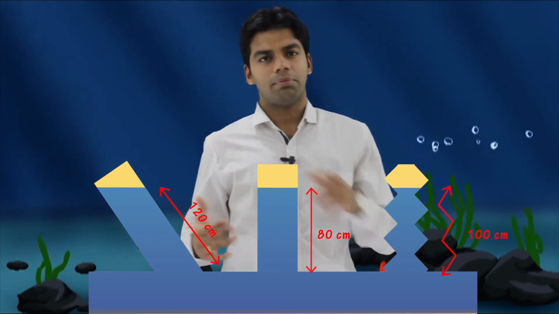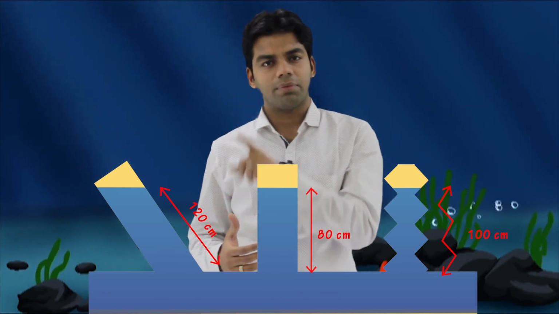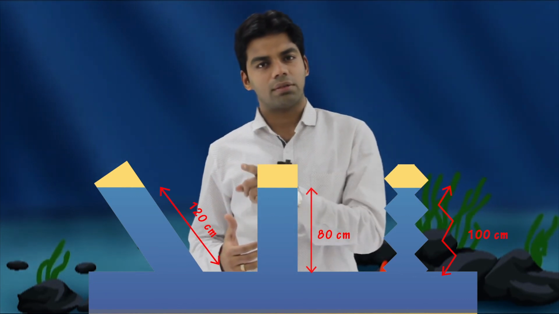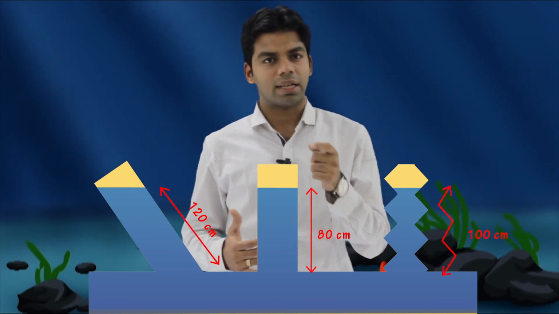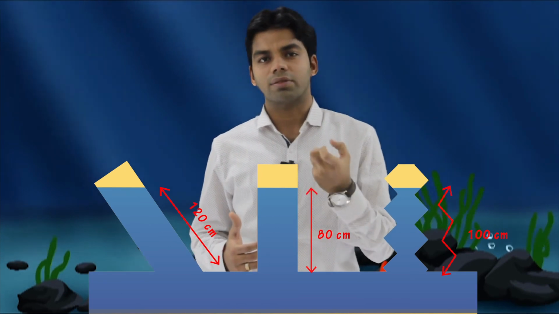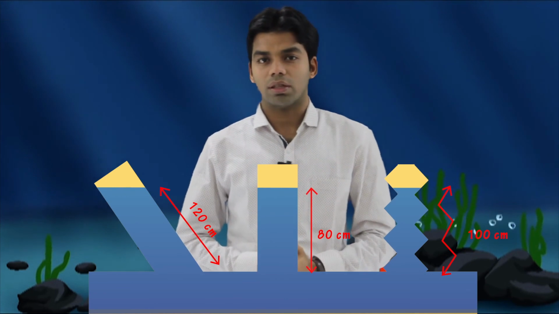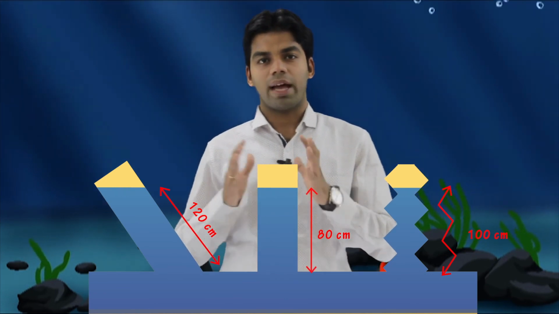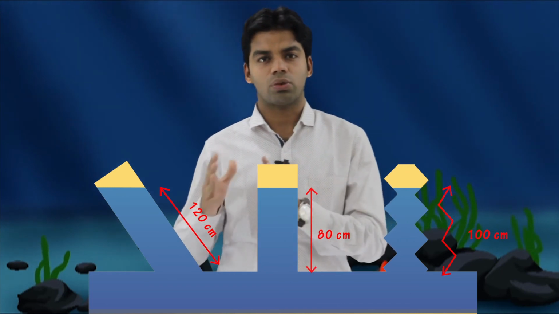Obviously, because the level of water is the same in all the pipes, irrespective of the length of the pipe, only the vertical distance will be taken. That means the h in rho g h is nothing but the vertical distance. So this h is the same in all the pipes, and the pressure will be the same in all the pipes. The h in rho g h is the vertical distance and not the total length of the pipe.